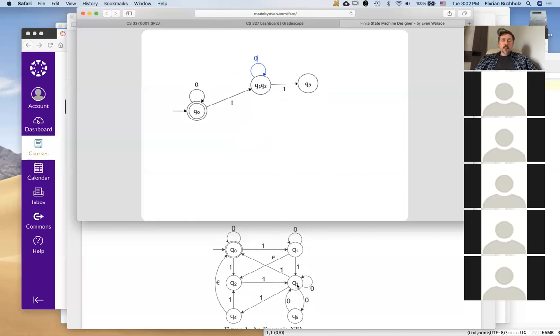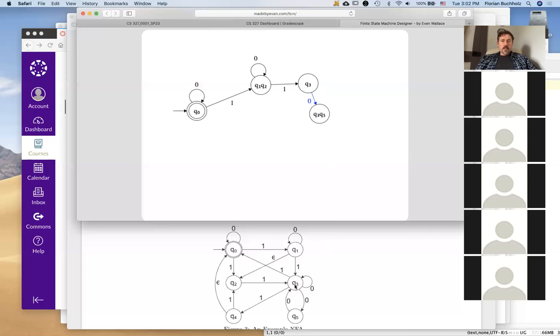And we now have the possibility on a 0 to stay in Q3 or go to Q5. And neither of them have any epsilon transitions. But we now need a new state, Q3, 5. And on a 0, that's where we're going to go.